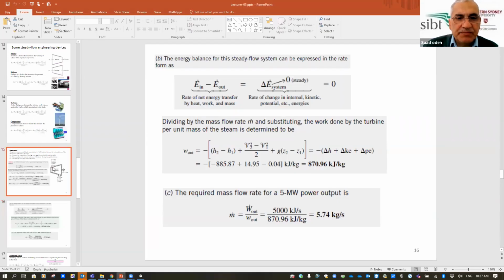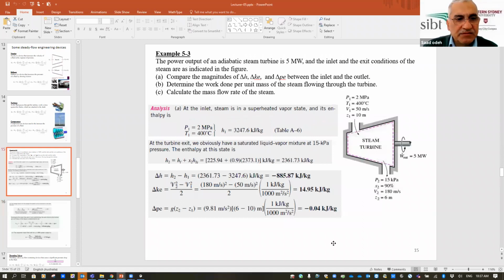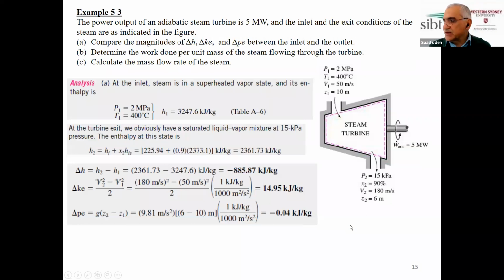So this is the example that we solved last week. And I will go through it quickly again, because as I told you, it's quite important. I need you to understand the way to solve this type of questions.